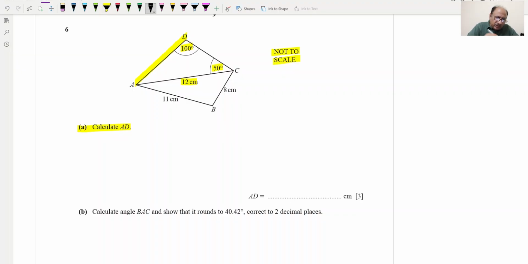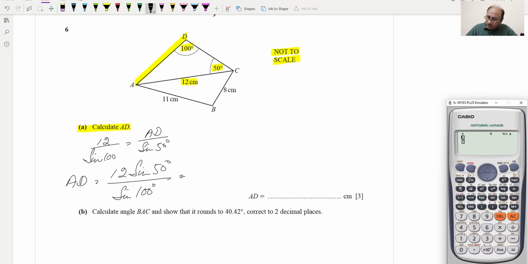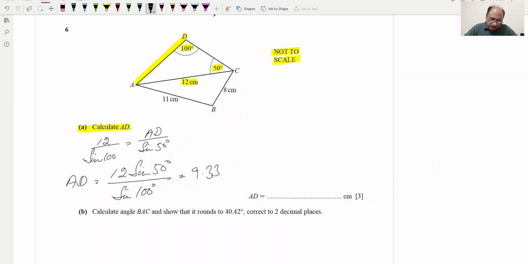So we can write the sine rule. 12 over sine of 100 degrees will be equal to AD over sine of 50 degrees, and AD will be equal to 12 sine 50 degrees divided by sine of 100 degrees, and this we can simplify. 12 sine of 50 divided by sine of 100, bracket close, and this is equal to 9.33 centimeters, and 9.33 centimeters is already written for us.